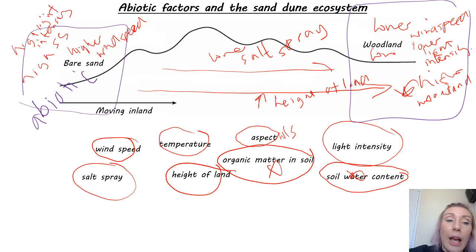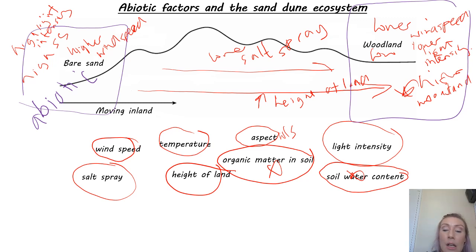So if you are looking at a question on distribution on the shore, it's likely to be abiotics that are the main factors, although of course there are some biotic factors taking place as well. When you get to the woodland, biotic factors are going to have more influence on the population sizes, because you've got more species, so you've got more predators, more grazers, more competitors now.